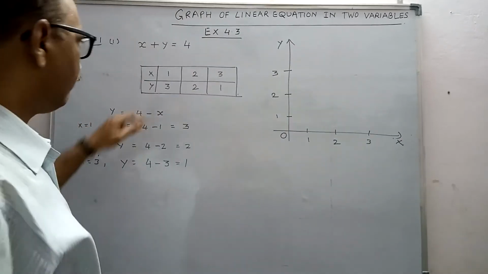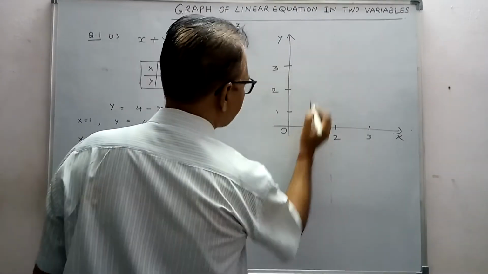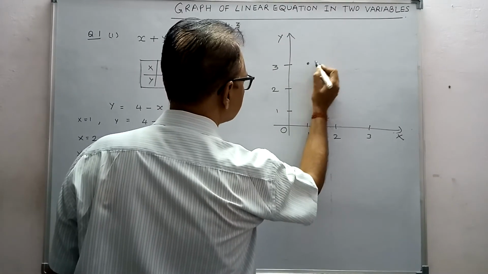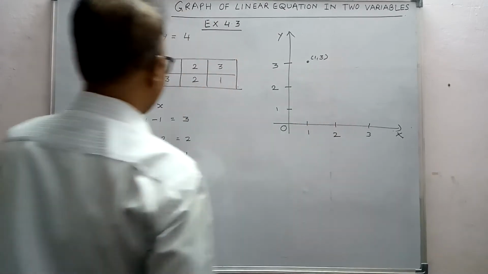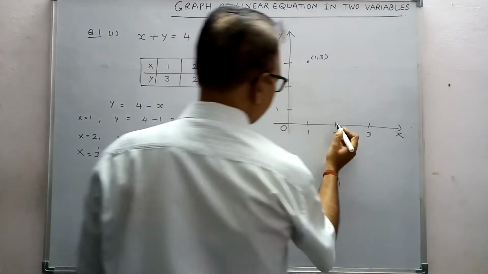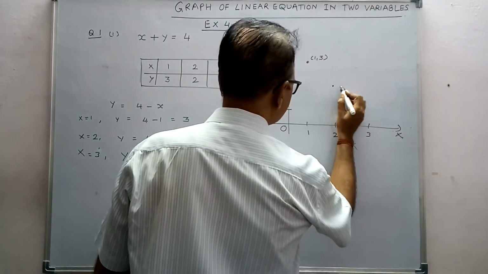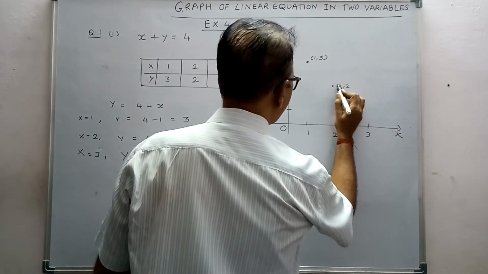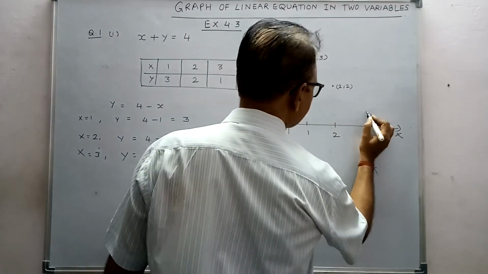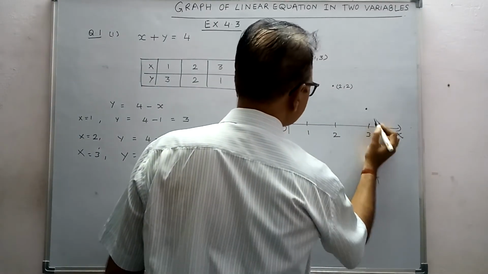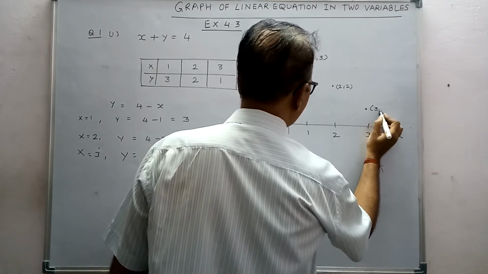So here you have 1, 3, x is 1 and y is 3. This is the point 1, 3. Then we have another point 2, 2, x is 2 and y is 2. Then we have the third point, x is 3 and y is 1.